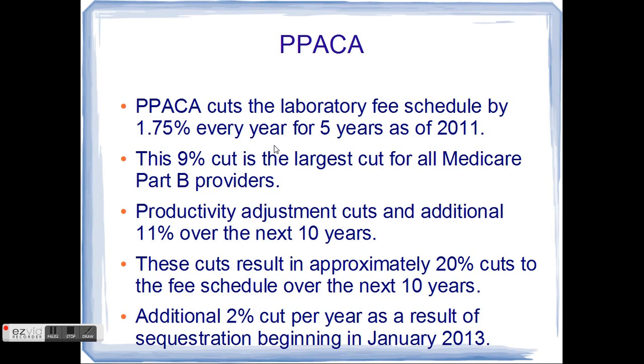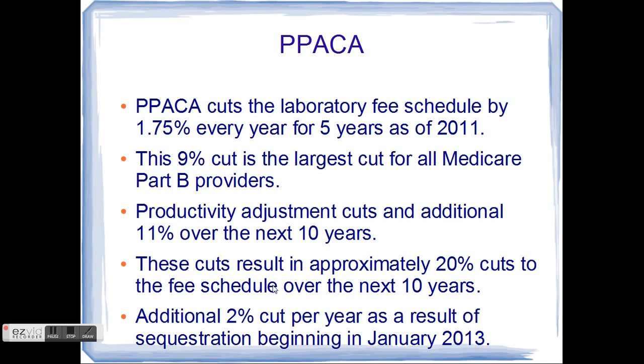That's a 9% cut, and it is the largest for all Medicare Part B providers. There was also a productivity adjustment cut, and that's an additional 11% over the next 10 years. These cuts result in approximately 20% to the fee schedule over the next 10 years.